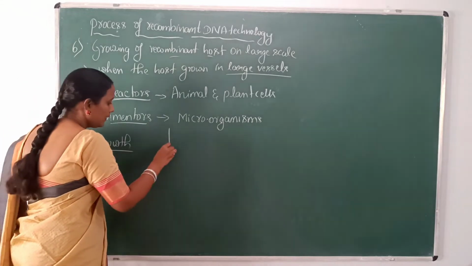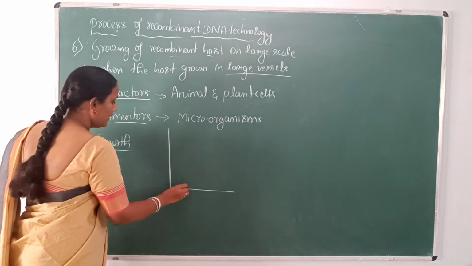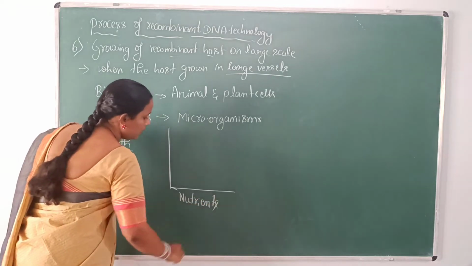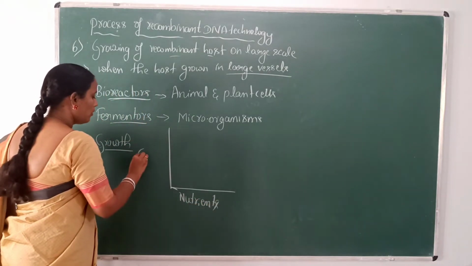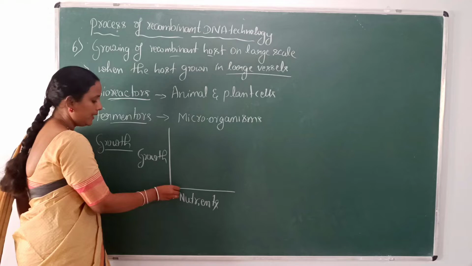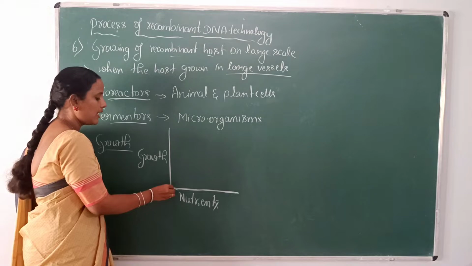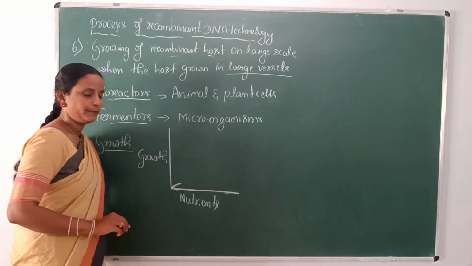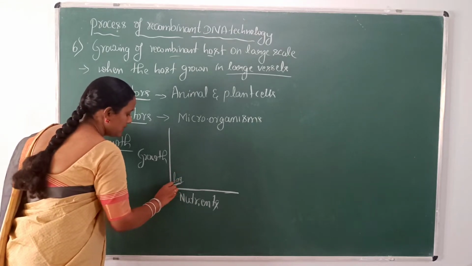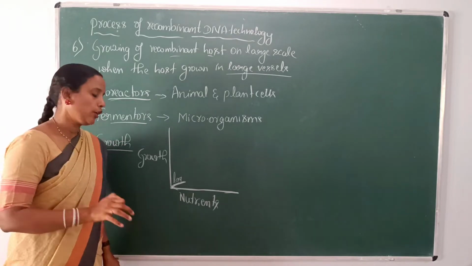If we plot a graph like this, taking nutrients available on one axis and growth on the other axis, then initially when the organism enters a bare place where nutrition is available, it will start adjusting to the environment. And that phase is called lag phase. That means it is not showing much growth, but it is getting adjusted to the environment.